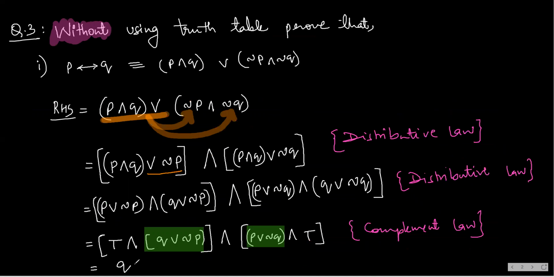So you have Q or negation P and P or negation Q. So here, which law did I use? I used identity law. This is not yet over.